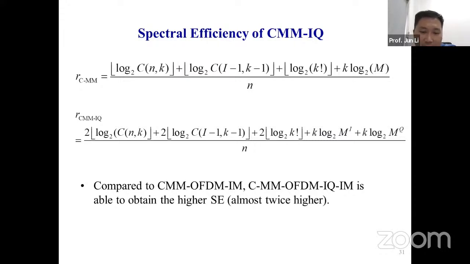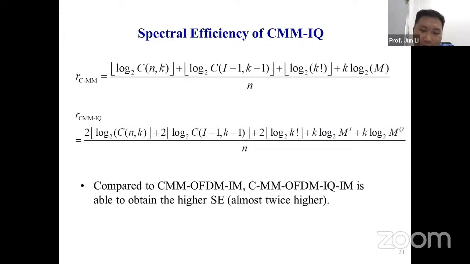But the complexity of the composite multiple mode IQ will be very, very large, because we have to select the subcarrier activation pattern 2 times, the energy activation pattern 2 times, and the constellation permutation pattern 2 times.